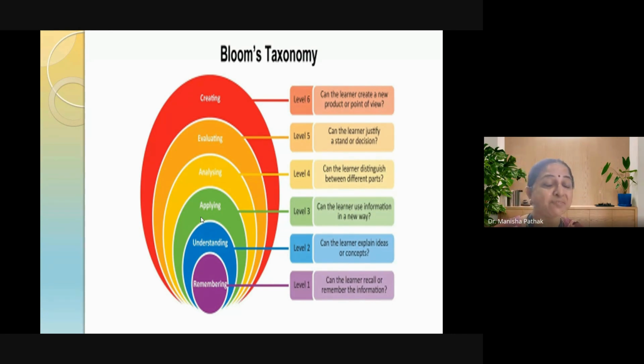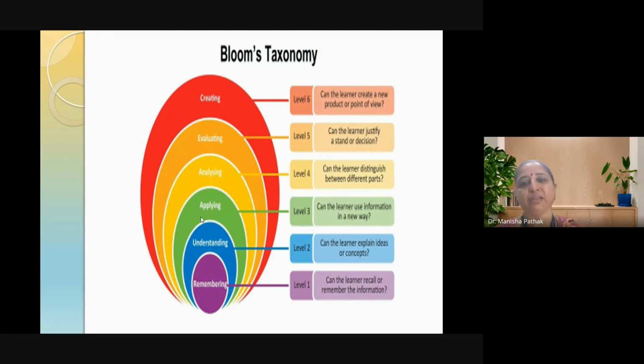Analyzing is when they can interpret, distinguish between, and discuss and come out with new learning; that is analysis, higher order thinking. Where they can do rational thinking and justify, it is evaluating. And as a result of this learning, if some new knowledge is created, that is creation.